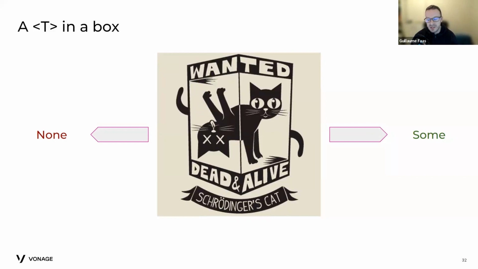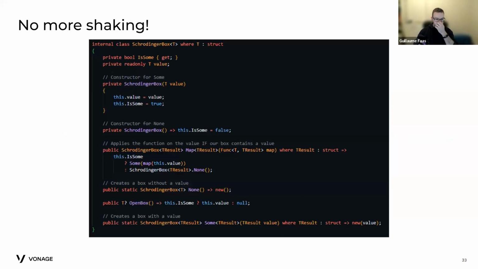And what does it require us to change? Well, first, we still have our static factory methods at the bottom, some that takes a generic, and we're going to create a specific box for that, or none that will create an empty box. We don't have any interest anymore in shaking the box because it makes no sense.